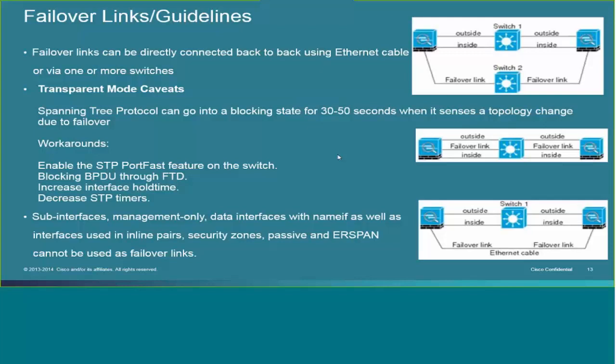Apart from that, you can have BPDU guard. You can enable the PortFast feature on the switch. You can increase the interface hold time on the firewall. This hold time should be more than the STP convergence time, so that once STP has resolved itself and unblocks the port, the failure doesn't happen until that time. So increase the hold time to more than the STP convergence time, and you can also decrease the STP timers.